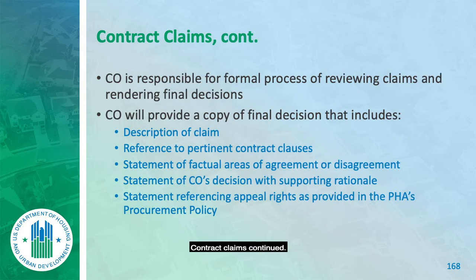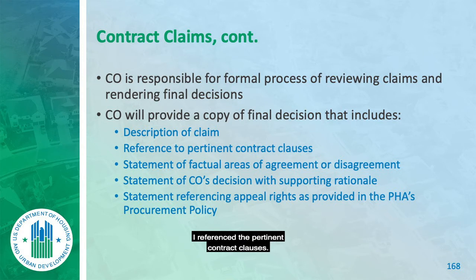Contract claims continued. The contracting officer is responsible to ensure that you have a process for reviewing and addressing such claims. Your final decision will be sent back to them, and like anything else that we do, you'll do something along the lines of repeat the description of the claim. Remember the claim that the person made for $33,000? Yeah, I repeated his description of all the claims and why he was making them.